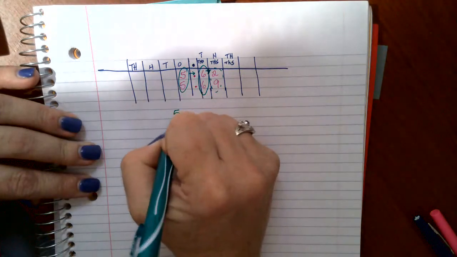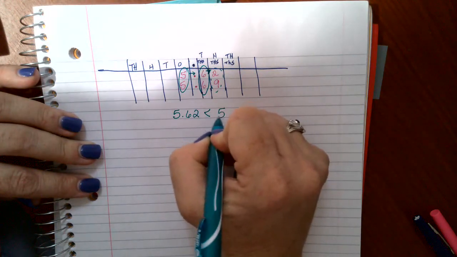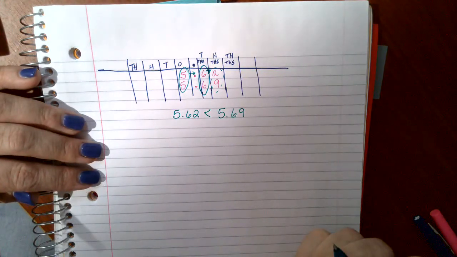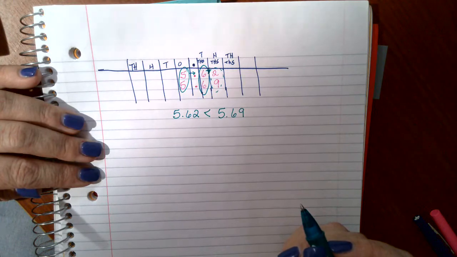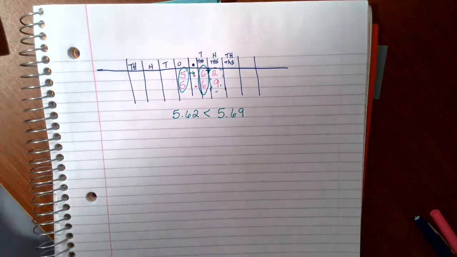Therefore, when we read this number, we can say 5 and 62 hundredths is less than 5 and 69 hundredths.